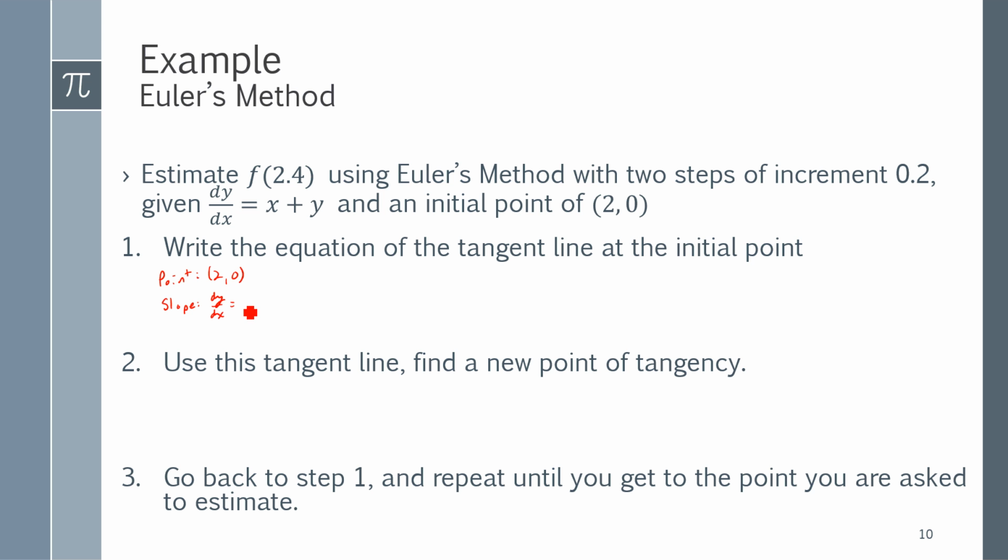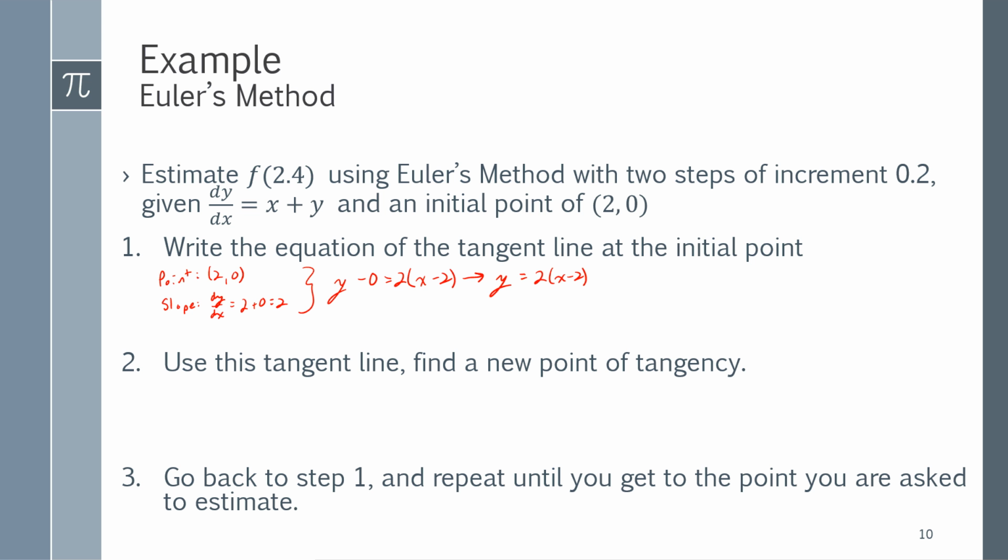So with that point, it's going to be 2 plus 0, which is 2. So I have y minus 0 equals 2 times (x minus 2). I do want to get y by itself for this. So y equals 2 times (x minus 2), and I don't need to write plus 0.